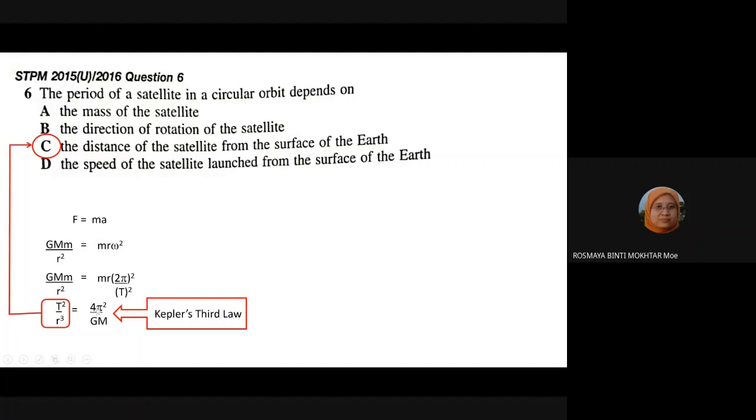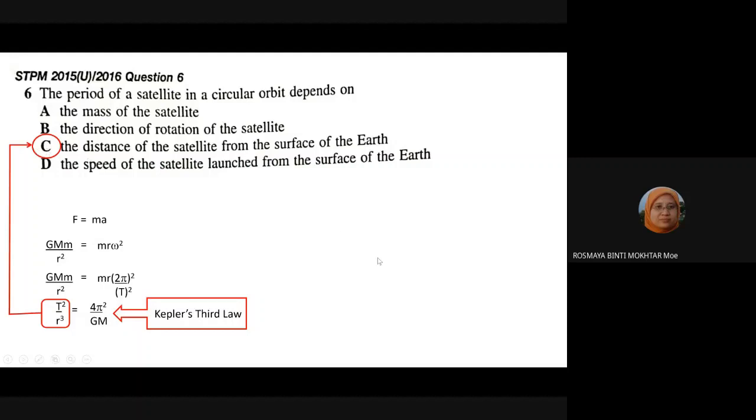The rest are constant: pi is constant, G is also constant, 6.67 times 10 to the power of negative 11, and the mass of the Earth, in this case planet Earth, so M is also constant. Therefore T and r change. So the answer is C.